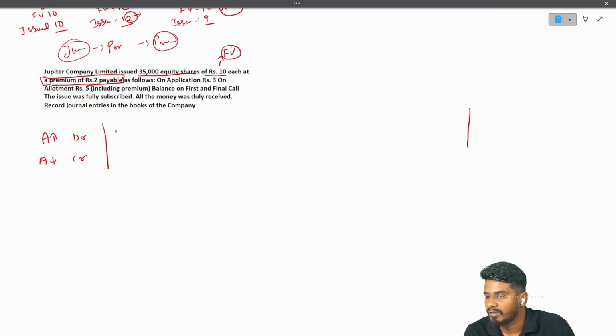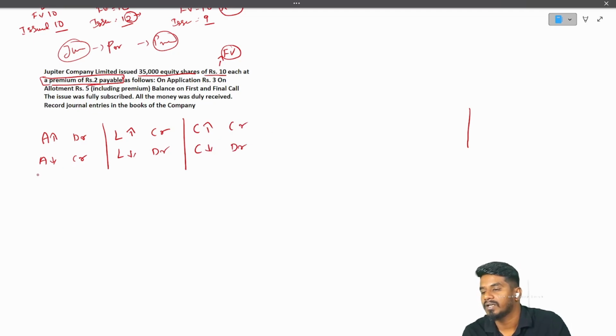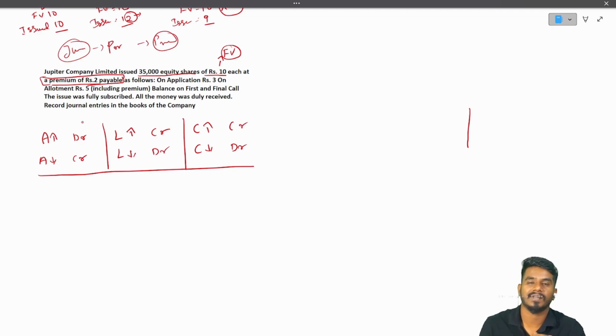If a liability increases, we need to credit. If a liability decreases, we need to debit it. If capital increases, same as the liability, we need to credit it. If capital decreases, as usual, debit. Right, you need to make a note of this. This is very, very, very important in this chapter.